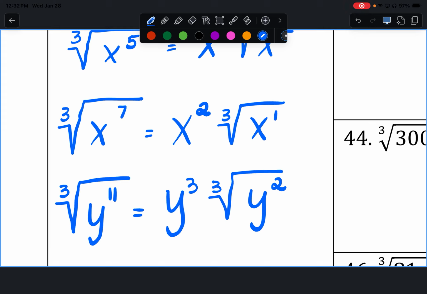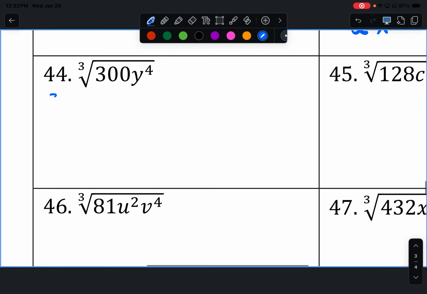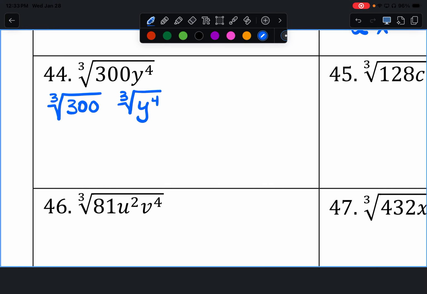Okay. So we're going to go ahead and look at 44 together. Okay, for 44, we have 2 pieces of this. We have the cube root of 300 and the cube root of y to the 4th, okay? You cannot take the cube root of 300. You can divide it by all of those perfect cubes and not a darn one of them goes into it, okay?